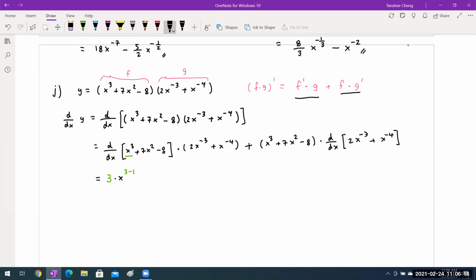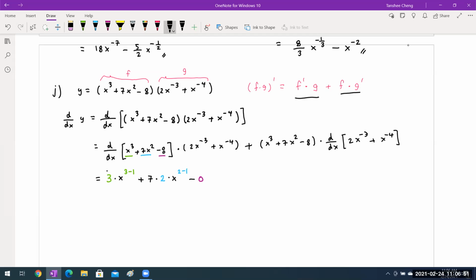And then plus, now I'm taking the derivative of the second term. Right? That'll be 7 times, bringing down exponent 2 times x to the what? 2 minus 1 power. And then minus the derivative of this constant, which is going to be 0, right? The derivative of a constant is 0.